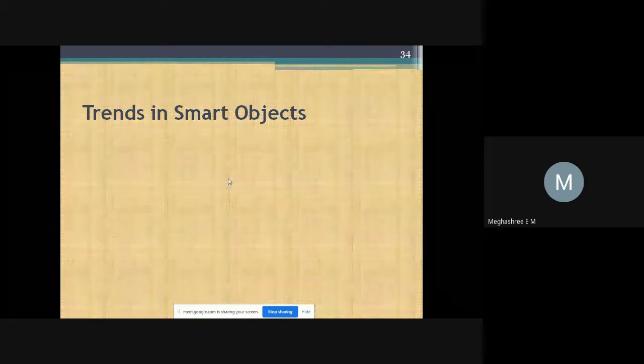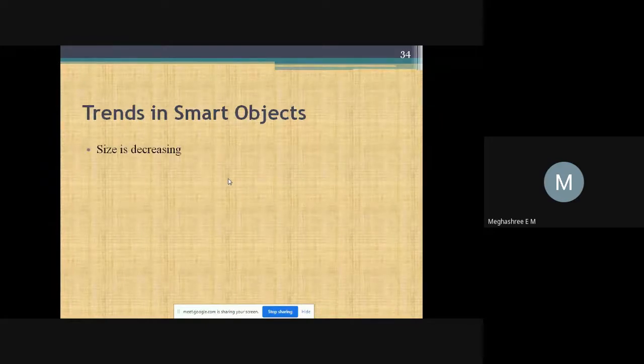The next topic is trends in smart objects. For many reasons, smart objects are in trend. First, the size is decreasing.